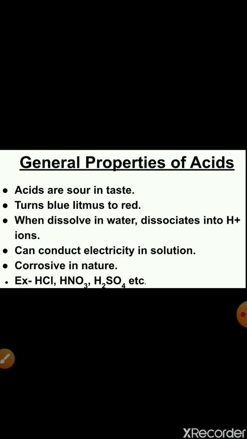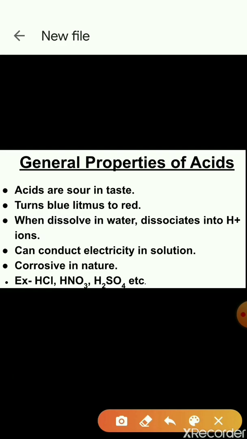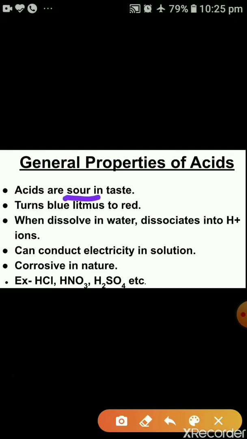With the help of taste also, we can find out which substance is acid or base. Here I am giving you some general properties of acids. Acids are sour in taste. If anything has a sour taste, we can say it contains acid.